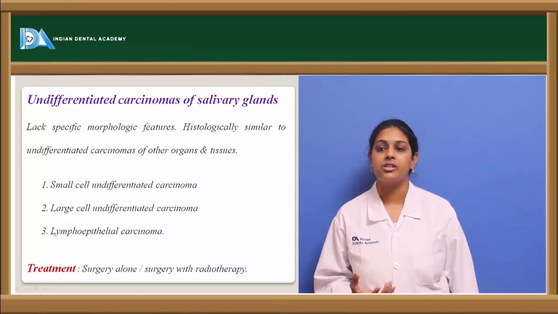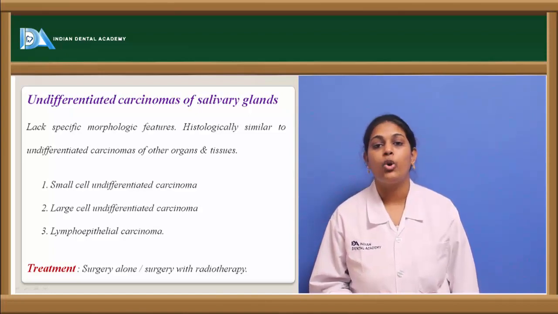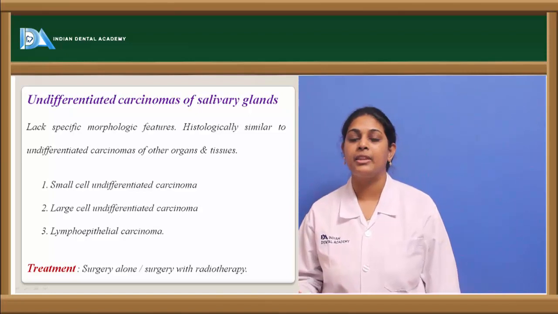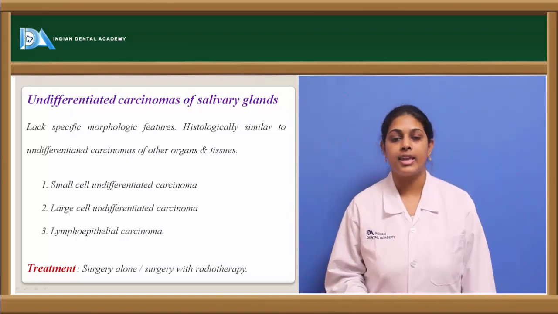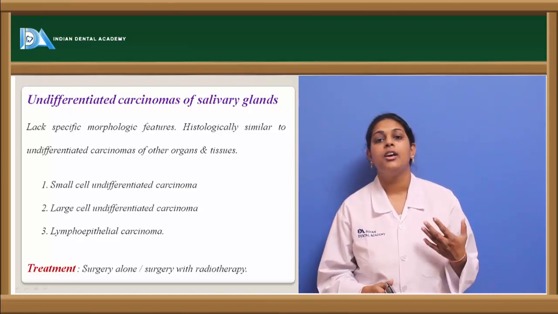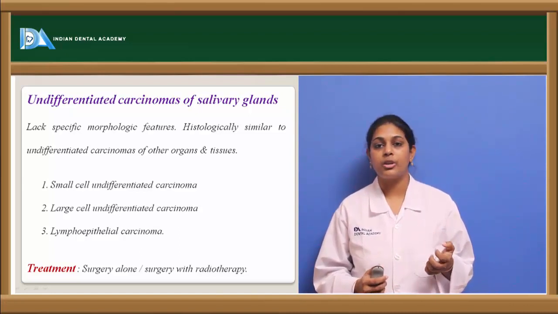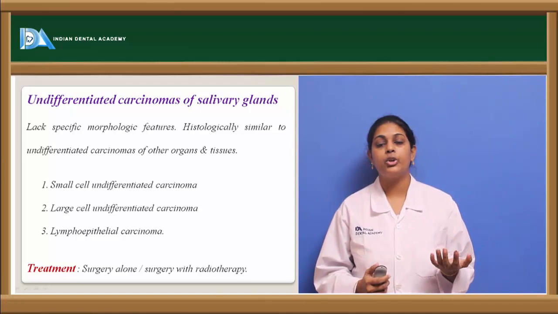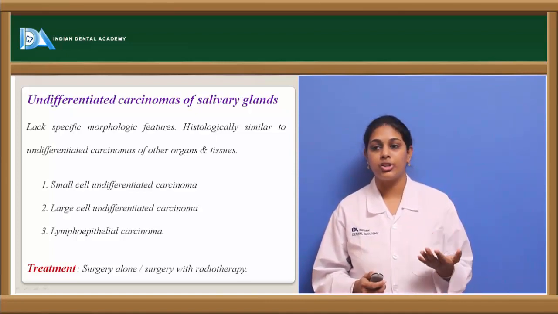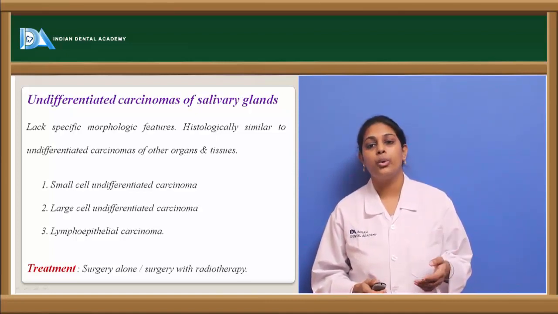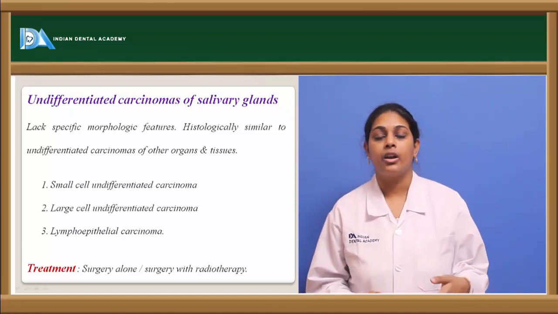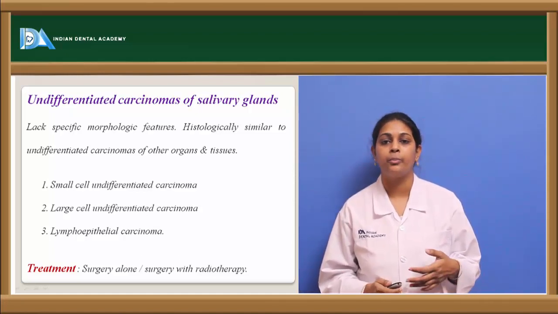When there is involvement of the lymphocytes as well as the epithelial component of the cell, and involvement of the lymph node, then it is known as lymphoepithelial carcinoma. So these are the undifferentiated carcinomas of the salivary gland. For treatment, usually the patient is advised surgery alone or surgery with radiotherapy, since it's a high grade tumor with a poor prognosis.